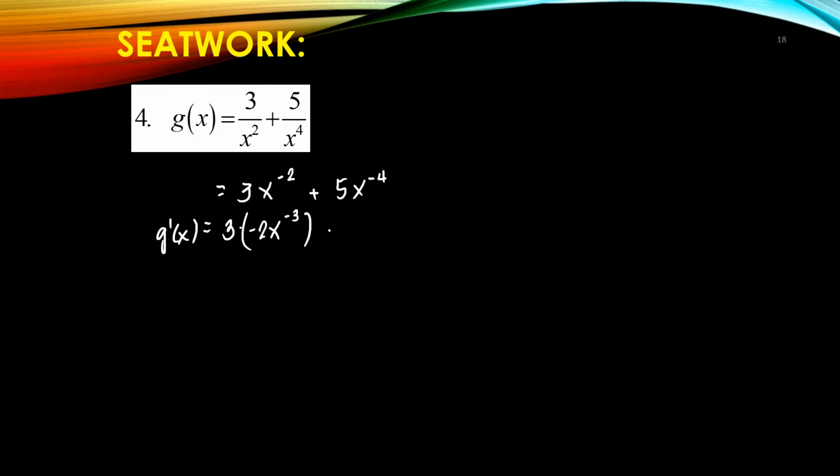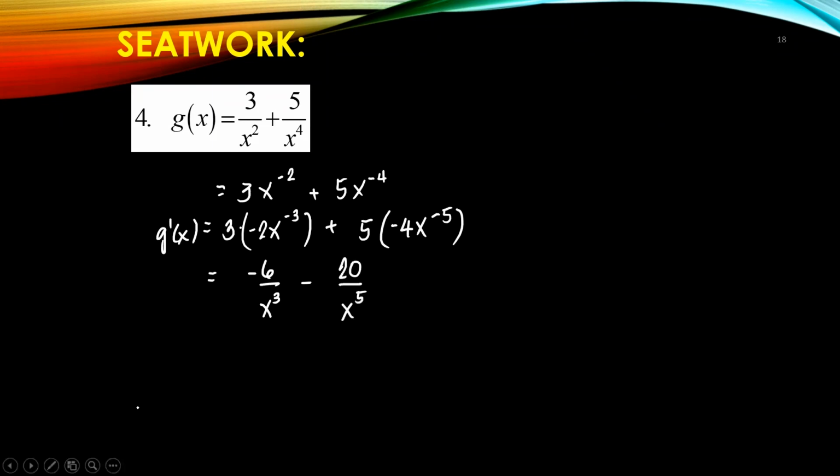We can choose not to write that anymore. 5, and then the power formula is negative 4, x^-5. Therefore, this one is -6/x^3 - 20/x^5.